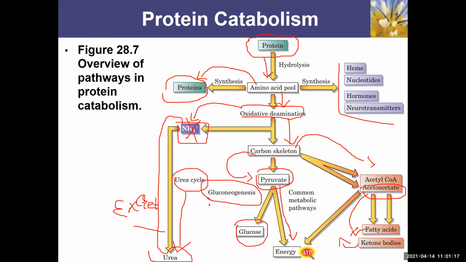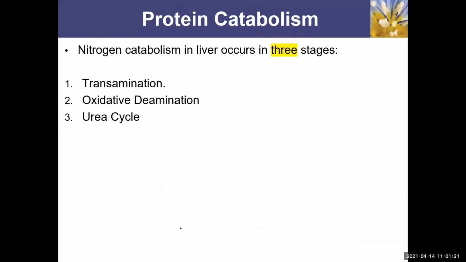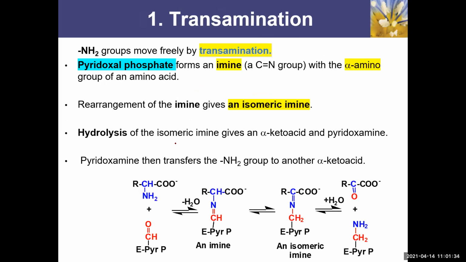Okay. So now let's talk about what is the transamination and what is the deamination, right? So nitrogen catabolism in liver occurs in three stages: transamination, deamination, and the urea cycle. Okay, let's first discuss what is a transamination. So please pay attention. First of all, this structure is omitted.